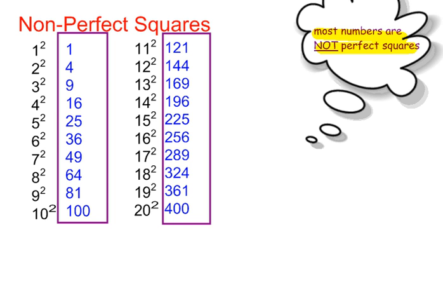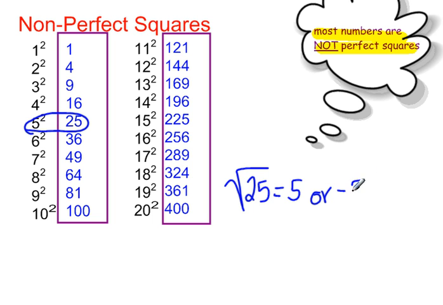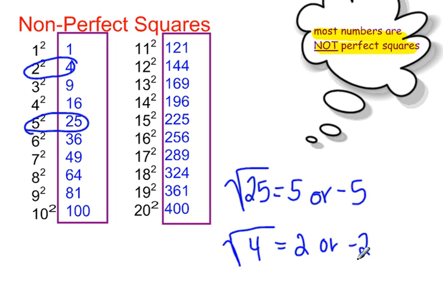So if I try and do the square root of anything on this list, I get a nice answer. The square root of 25 is 5, or, as we saw on the last page, -5. The square root of 4 is 2, or -2.